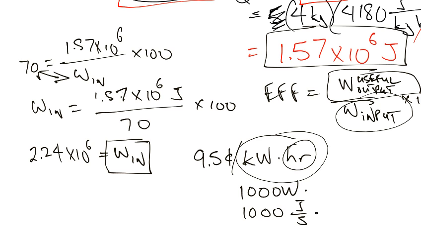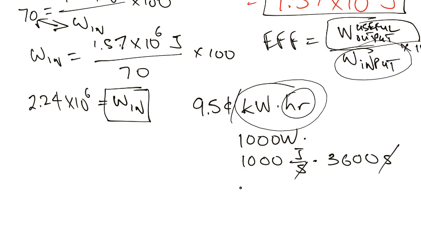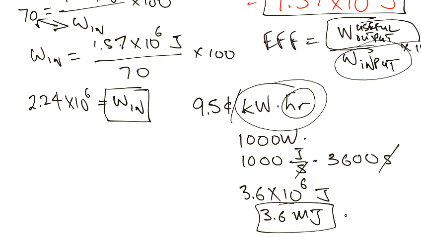An hour is how many seconds? Well, 60 times 60. That's 3,600 seconds. Let's cancel the seconds, and when you multiply that out, you get 3.6 times 10 to the power of 6 joules. Or another way of saying that is 3.6 megajoules. So 3.6 megajoules costs 9 pennies.